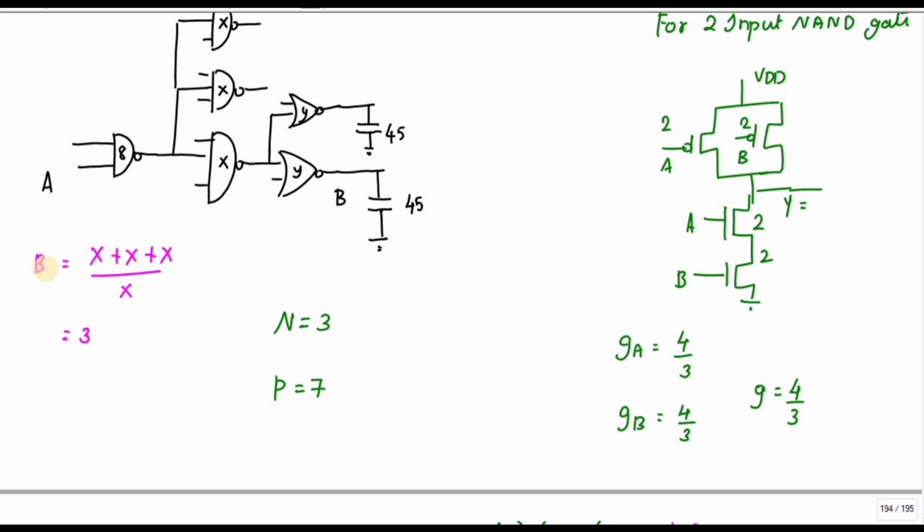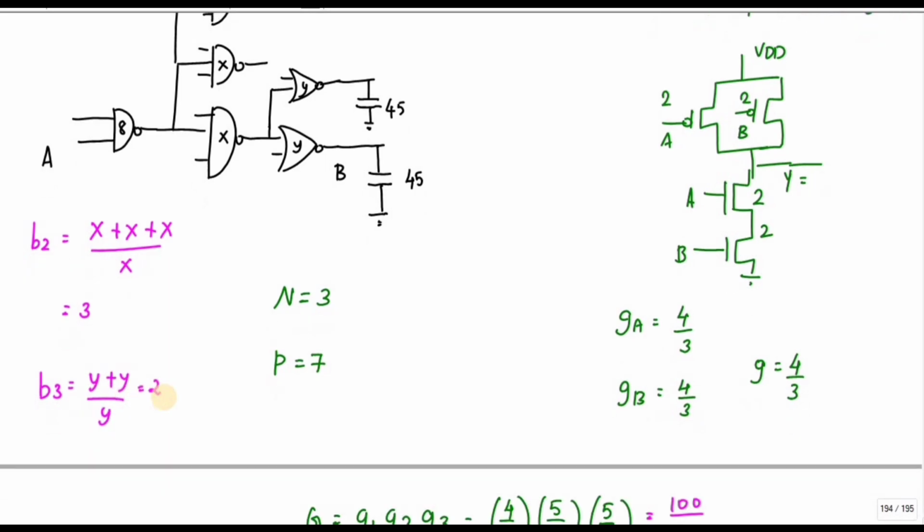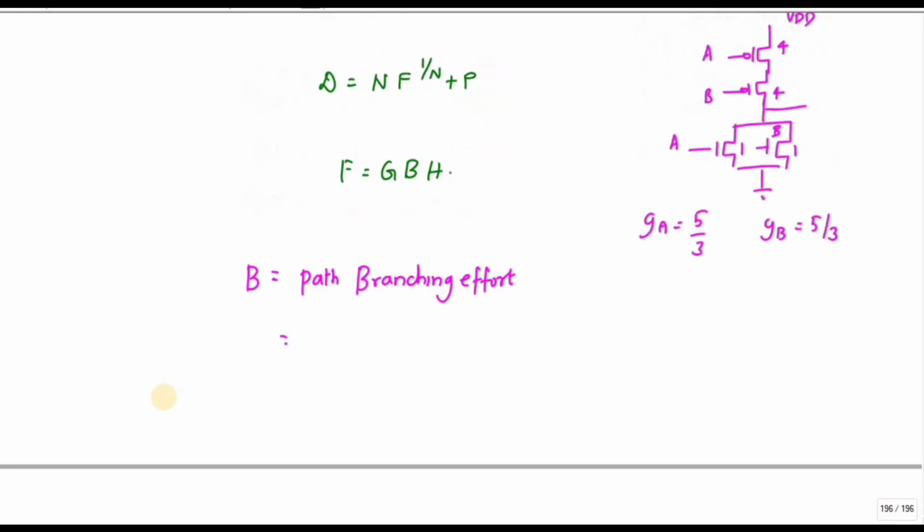For B2, sorry, B1 is 1. For this one it is 2. Next, for B3 it is y plus y divided by y, that is equal to 2. So B is the product of Bi for i equal to 1 to n, that is B1, B2, B3, equal to 1 into 3 into 2, that is 6.